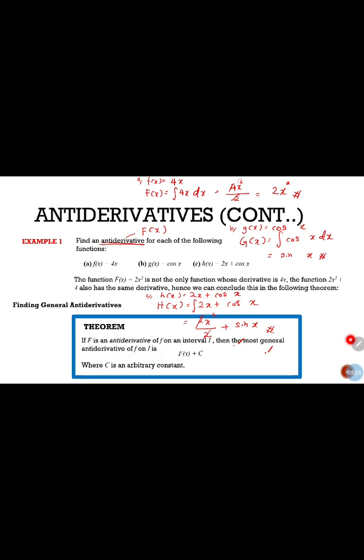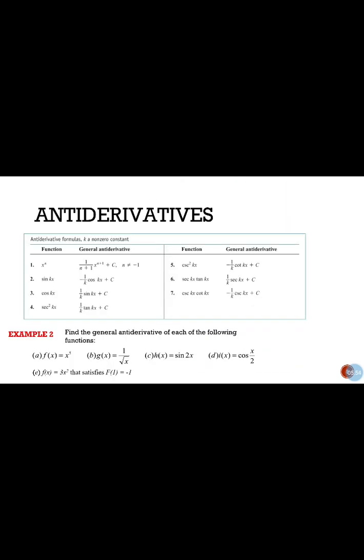If F is an antiderivative of f on an interval I, then remember whenever you integrate something, you have to add plus c, which is the constant. Now let's look at the antiderivative formula, also called the integral formula.